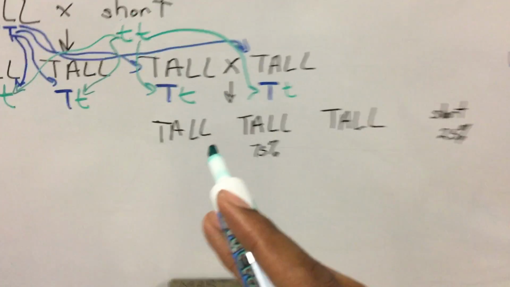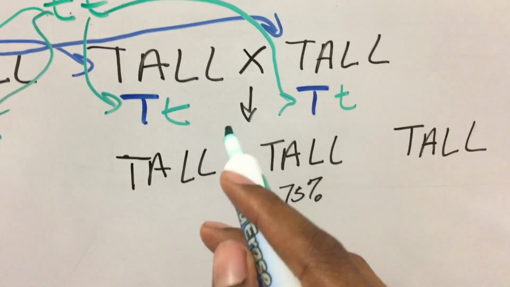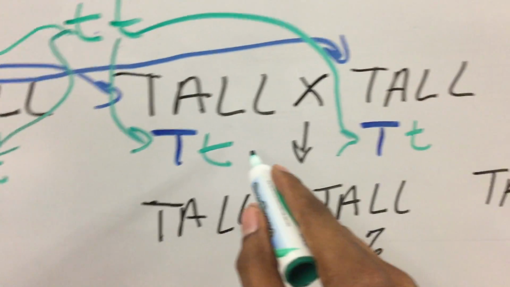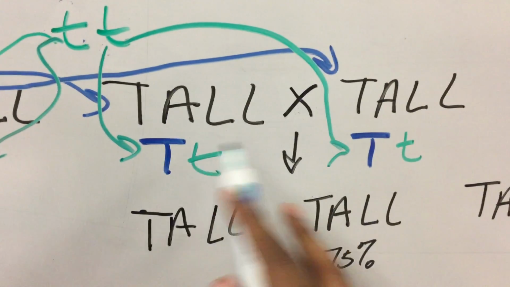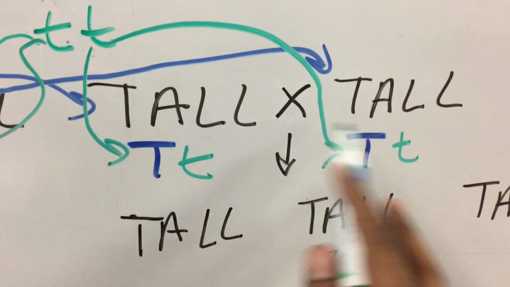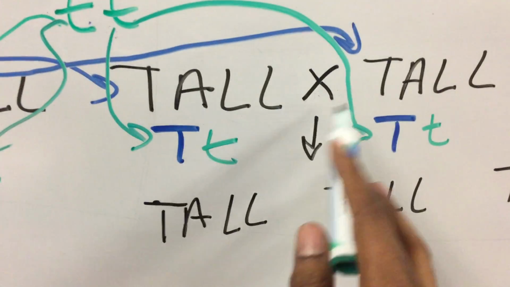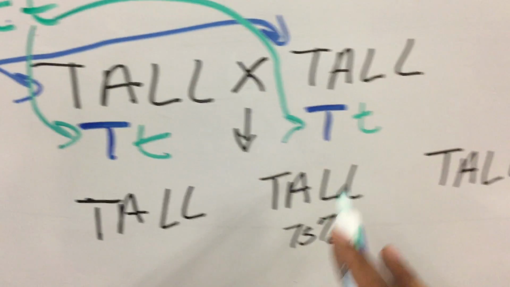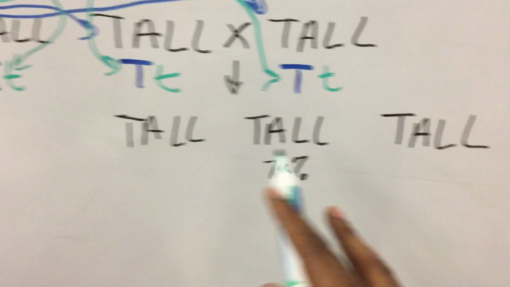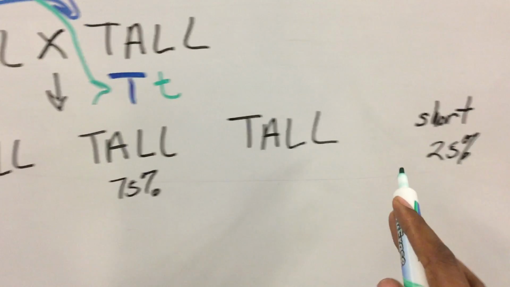So if we look here, just real quick, I want to answer this question that we started off with. If we look here, when we cross these two siblings, these two sibling plants, brother and sister plants, this will explain when we do Punnett squares why some of them were tall and why some of them were short.